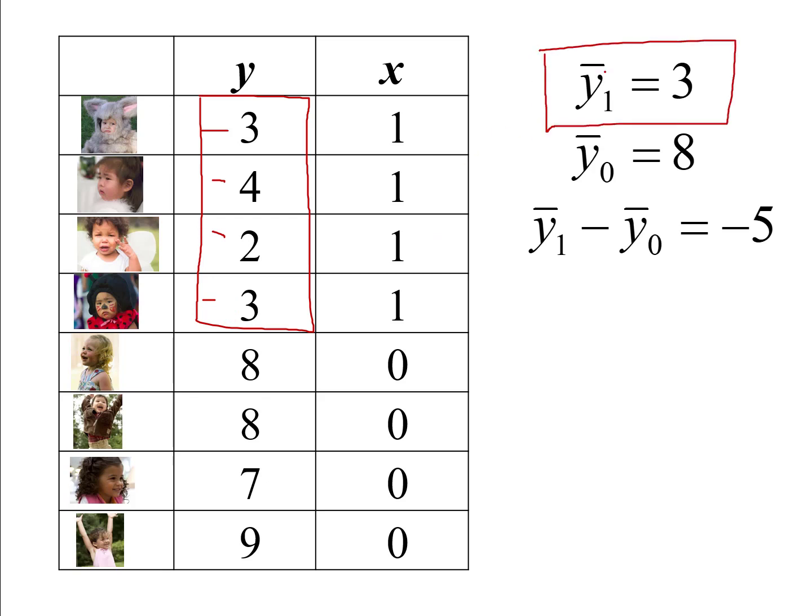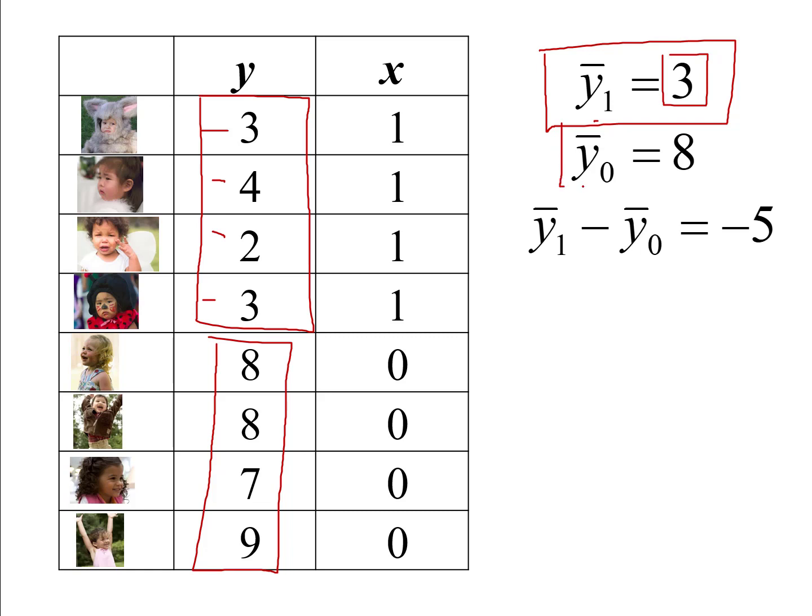So I have up here y bar with a subscript 1, that's the mean on the outcome variable y for group 1, is equal to a 3. That's their average level of happiness. And then we could go to our control group, group 0, and calculate the average happiness for that group, 8 plus 8 plus 7 plus 9 divided by 4, and we get an average happiness level of 8 for that group.